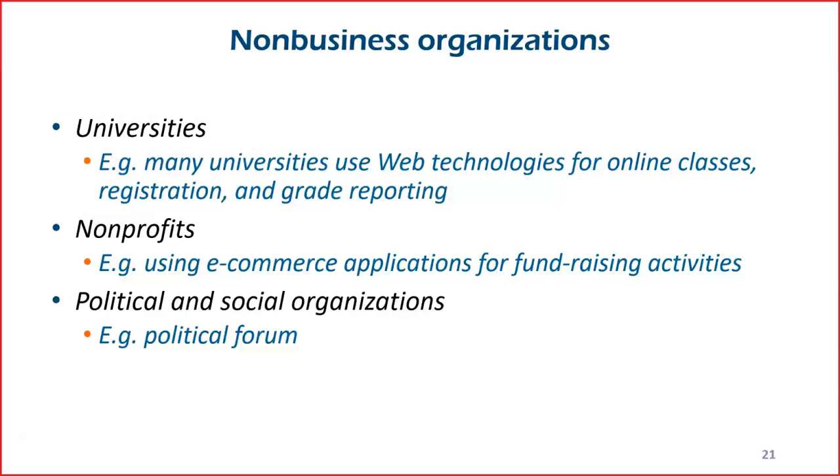University, non-profit organization, political parties, they also turn with more websites, contact over there, and they use more social media. And so those are the examples that they follow suit. University, non-profit organization for fundraising, political party, they also doing something like that all the time, right?